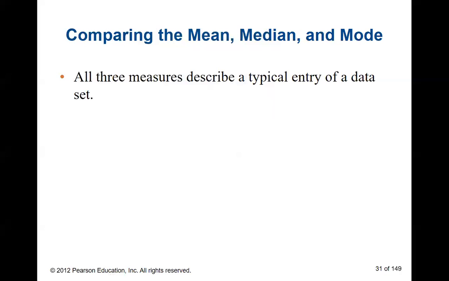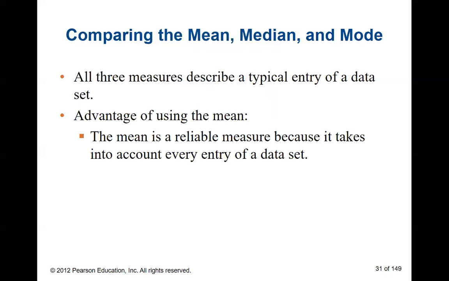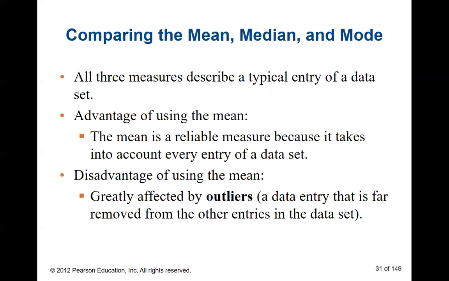Now, all 3 measures describe a typical entry of a data set, but they each have advantages and disadvantages. The mean, we would say it's reliable because you use every entry of the data set to calculate the mean, right? It's kind of like how it's important that everybody has an equal chance at something. So we're using all of the values, but there are some disadvantages, just like we talked about earlier.